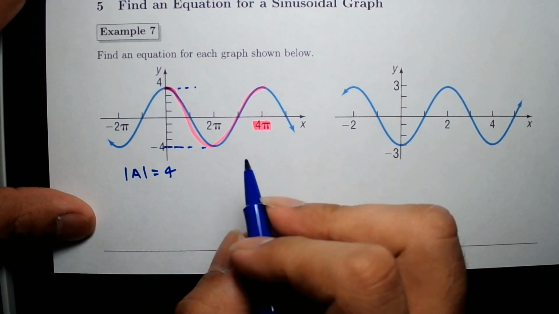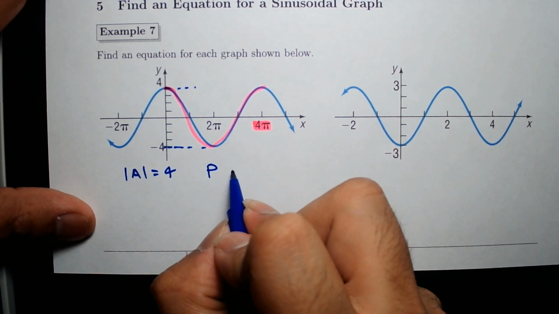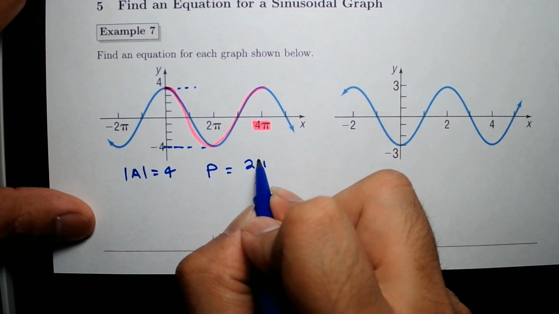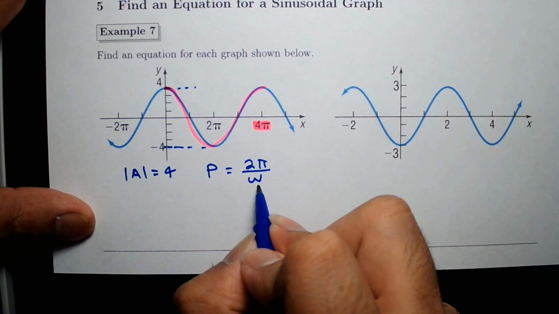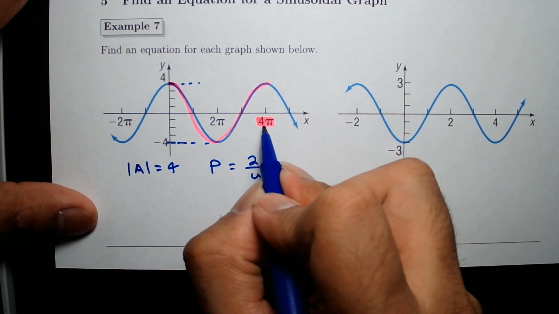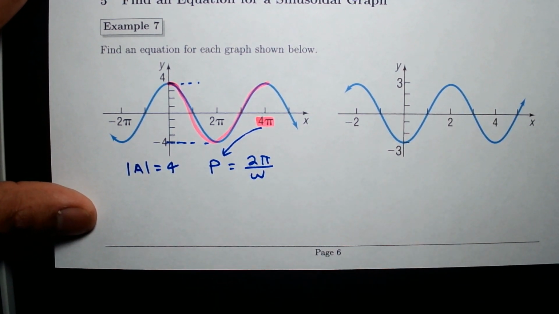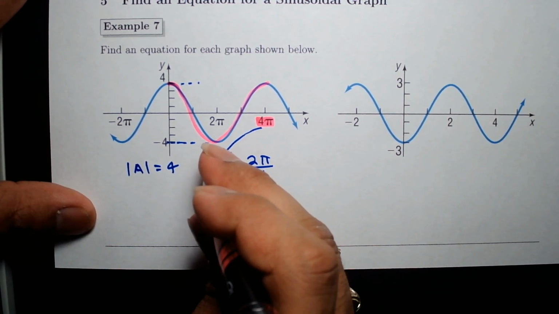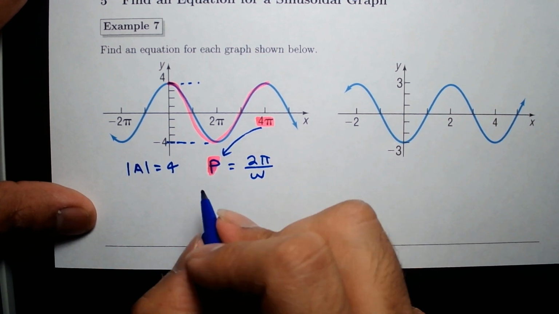That means the period, which is 2 pi over omega, is 4 pi. Now we need to figure out the omega value by setting this. We know that the period is this P, and that's 4 pi.